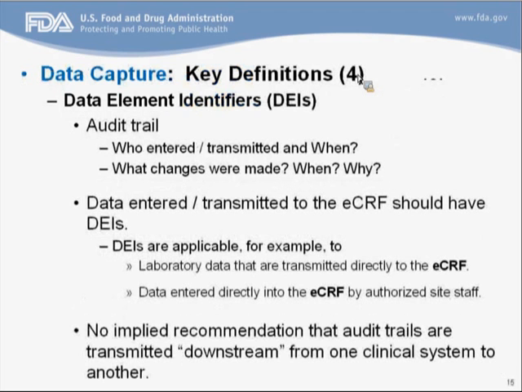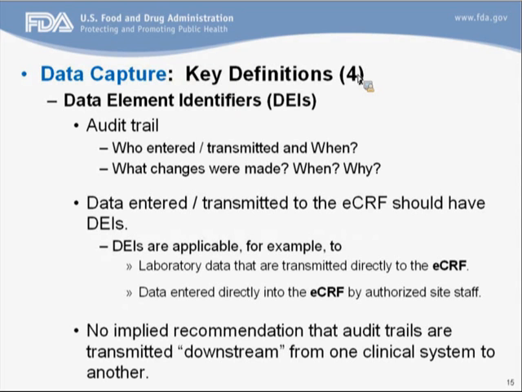The DEIs, the data element identifiers, well, perhaps just a fancy word for an audit trail. We want to know who entered or transmitted the data, when it was done, if changes were made, when and why. Certainly these are basic components of an audit trail.